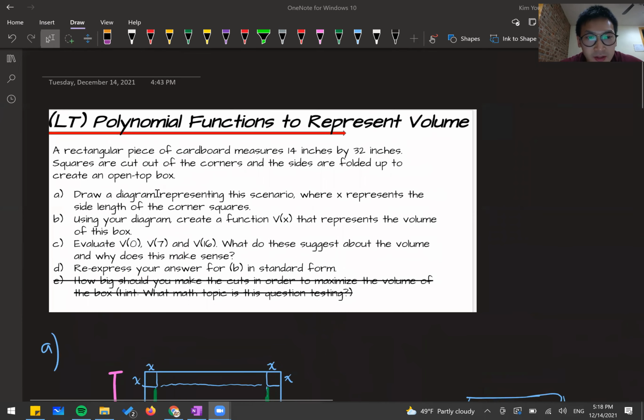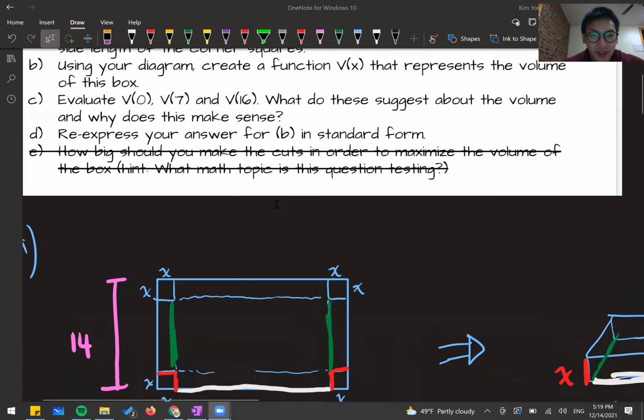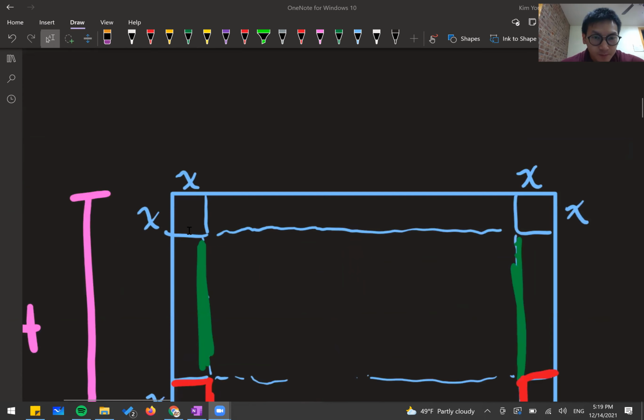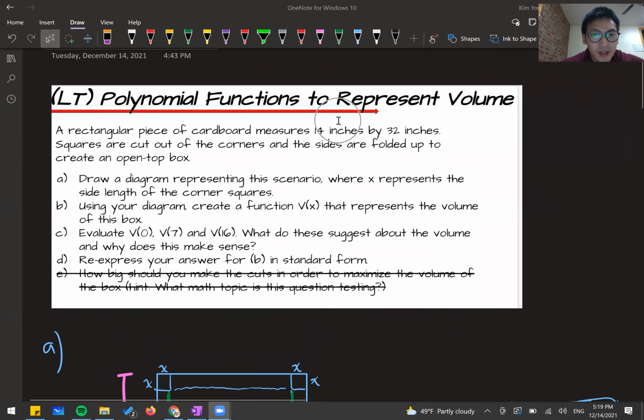And since you're cutting out square corners from each of the corners, and each of those square corners has a side length of X, all I'm doing is labeling that here: X, X, X, X. And then it's telling you right here that the dimensions of the original cardboard piece were 14 by 32 inches.